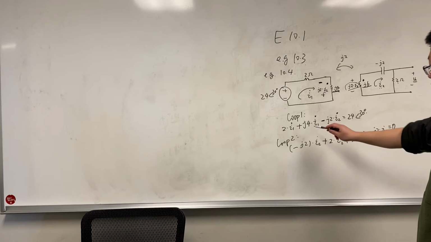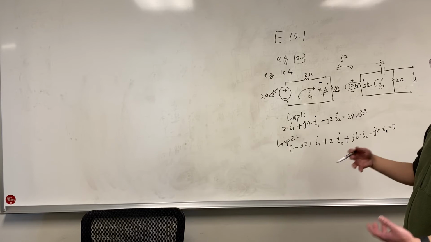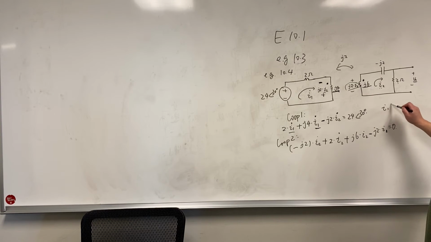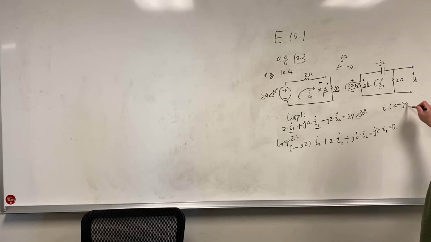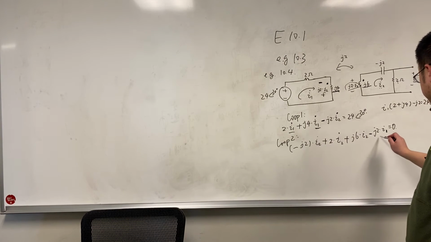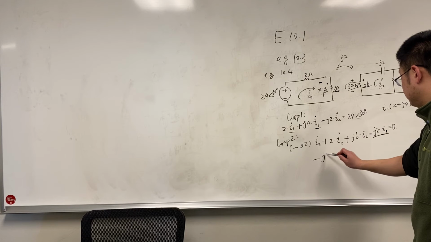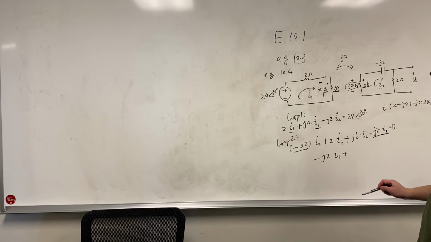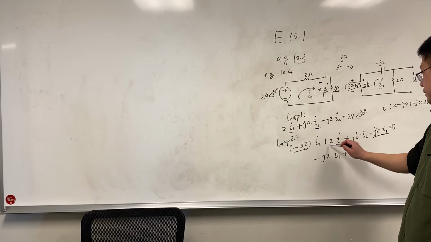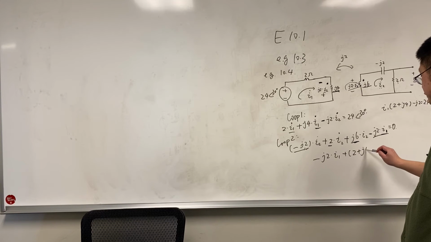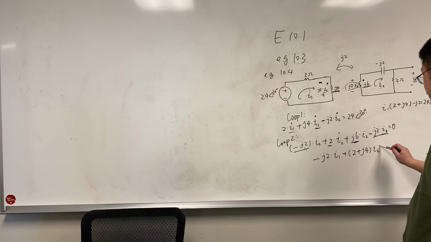So we simplify the equation and make it in matrix form. So this is I1: (2 plus j4) I1 minus j2 I2 equals 24 at 30 degrees. And this is negative j2 times I1 plus (2 plus j6) I2 equals 0.